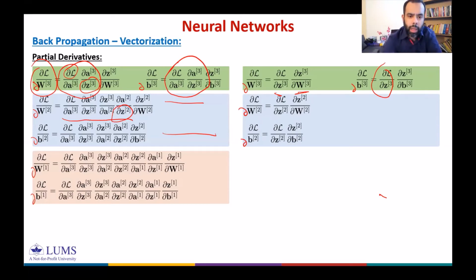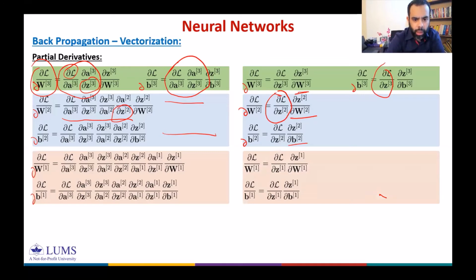So partial L over partial Z2 represents the derivative of the loss function with respect to the pre-activation output of the second layer. And once I have that, I can move towards the left. If you remember that alternative representation, I can take the derivative of Z2 with respect to weight or with respect to bias.